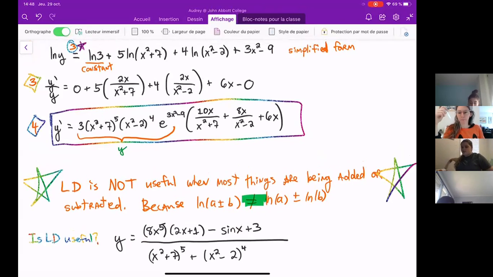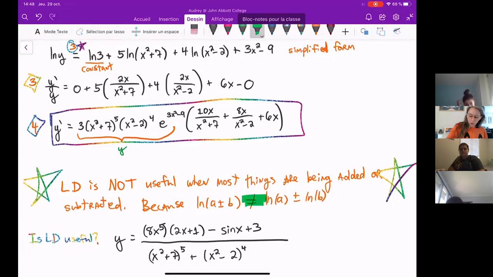What do y'all think? Would logarithmic differentiation be useful on this function right here? Nah, definitely not.